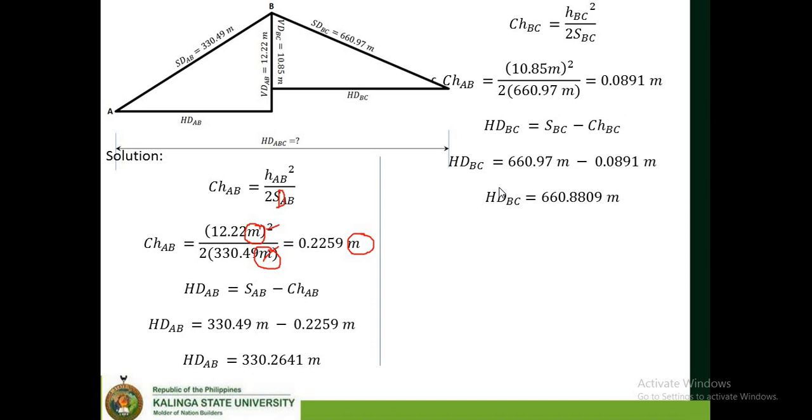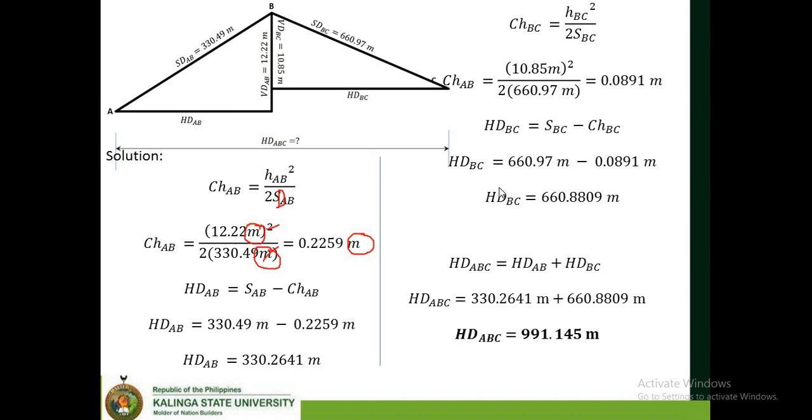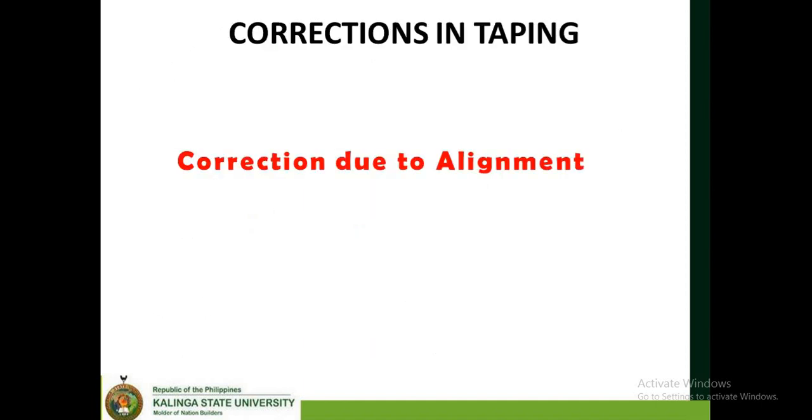Again, this is not yet the final answer. I have to add the value of HDAB and HDBC. That is equal to 991.145. So, the corrected measurement of HDABC is equal to 991.145 meters.